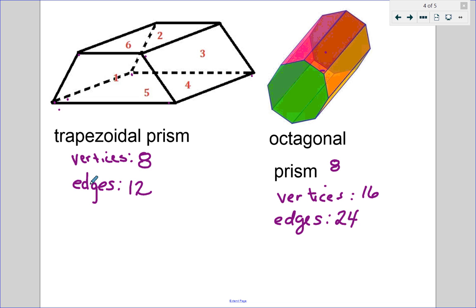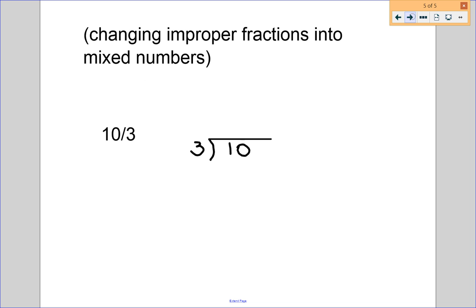All right. One thing I want to go over with you before we move out of our lesson completely is how do we change those improper fractions into mixed numbers, because that can be a little confusing at times. So remember that when we have a fraction, let's say 18 over 3, this is just another way to write a division problem.